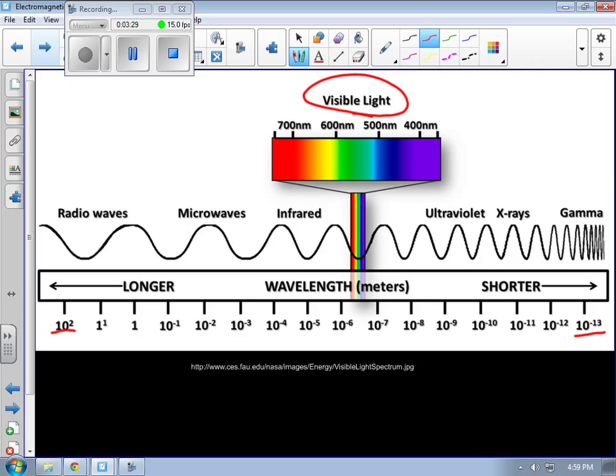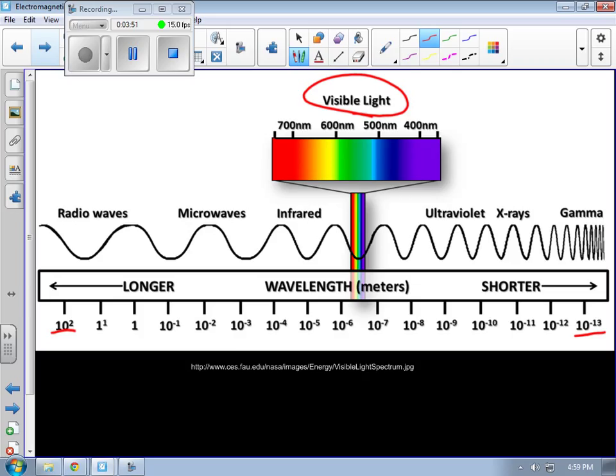This is one very tiny portion of a large spectrum. And the waves, even within our visible light, have different wavelengths. But the first thing we need to look at is how we can understand and determine all these things.